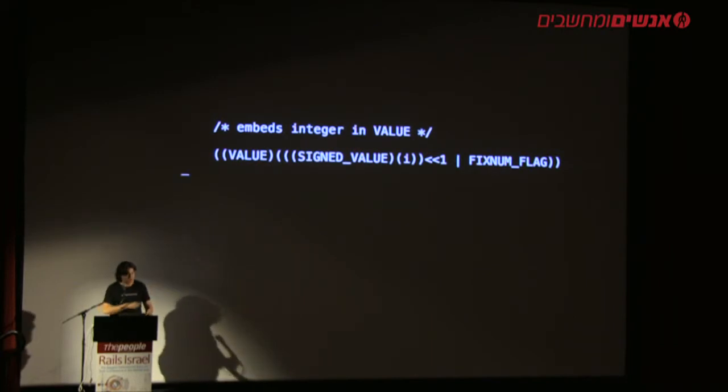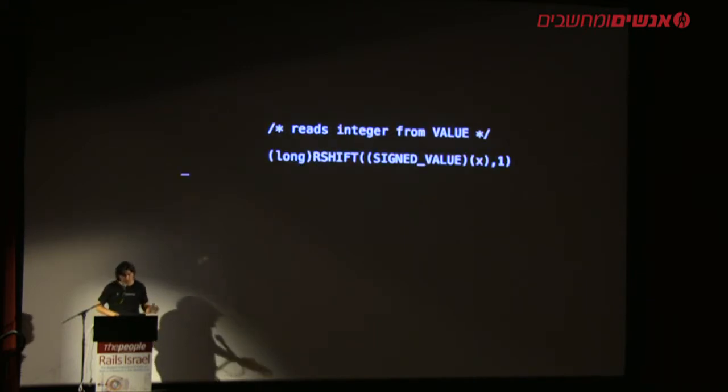So MRI stores there a flag which is not 0. There's code that says if the first bit is 1, then this is an integer. This logic is hard-coded in MRI. From this representation, you get the integer back by shifting to the right.